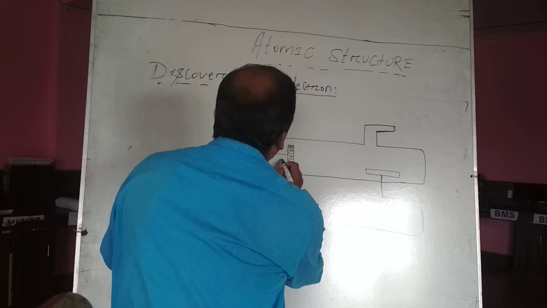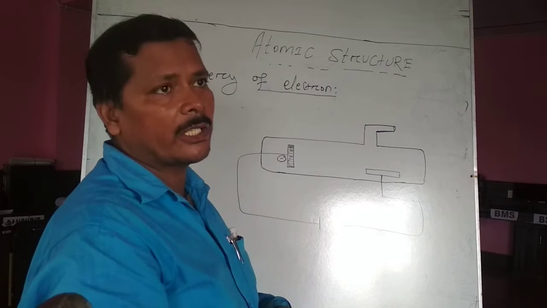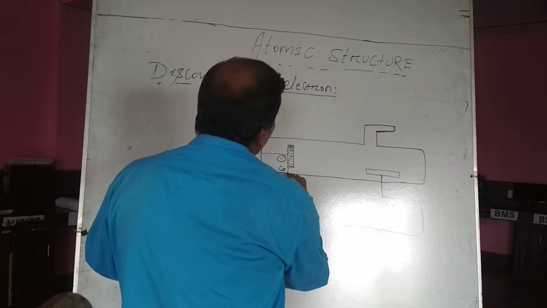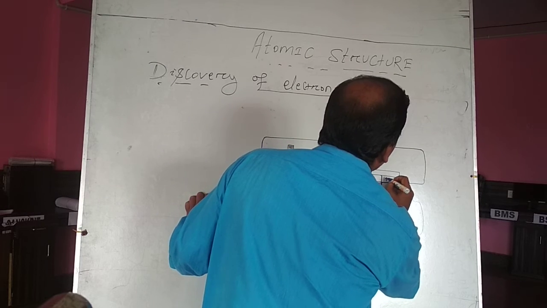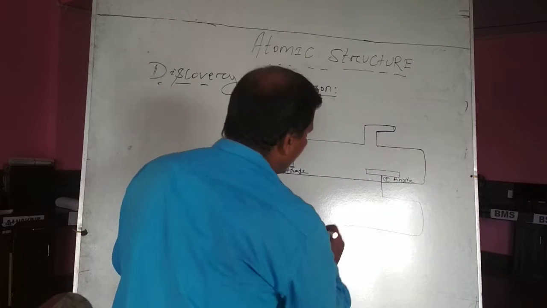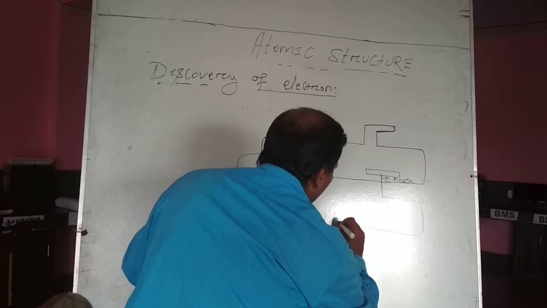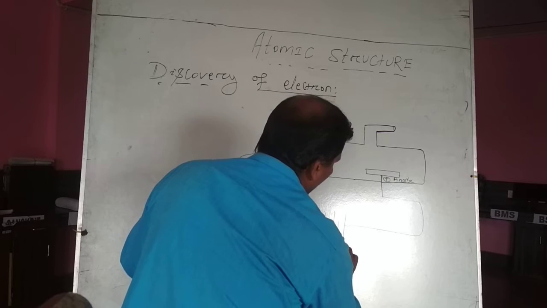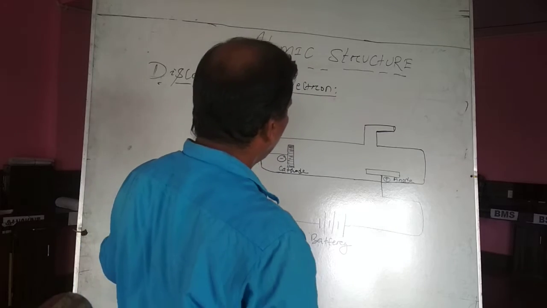So this is your negative terminal. If this plate is a negative electrode, you can say that is your cathode. And this is obviously the positive plate, and it is called anode. So this is negative end, this is positive. This is a battery used for producing high voltage of electricity.